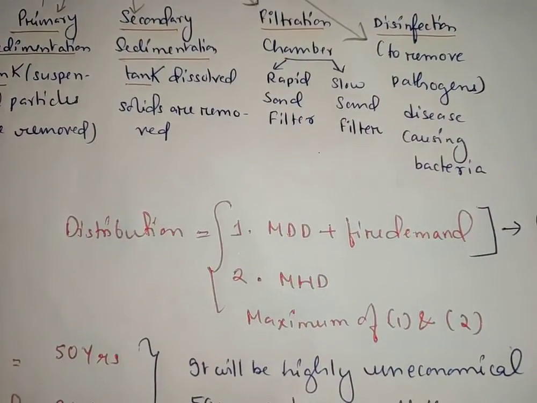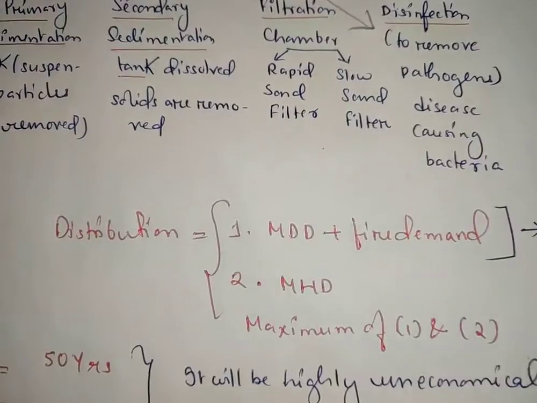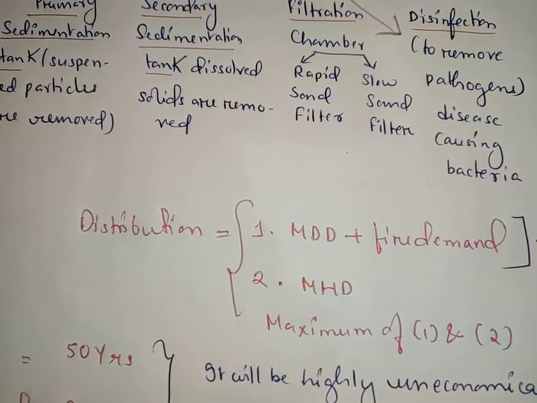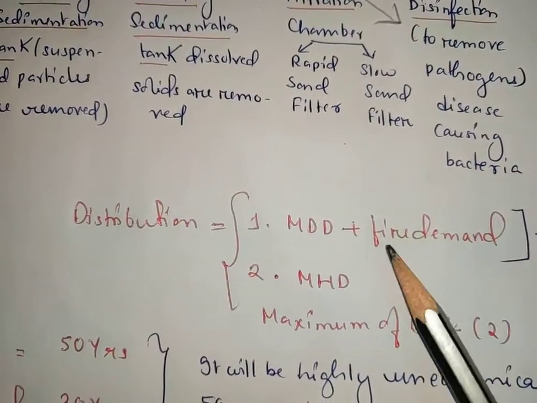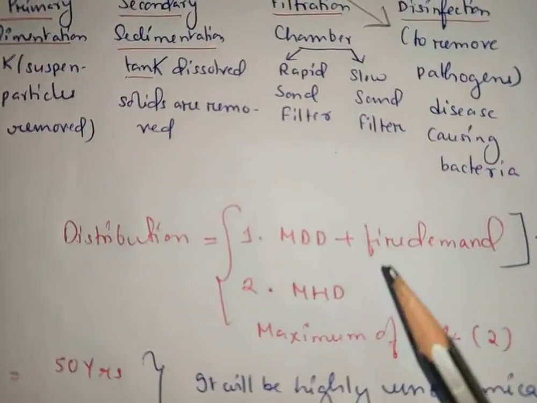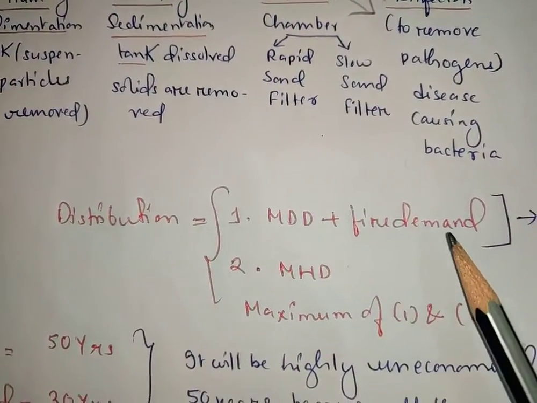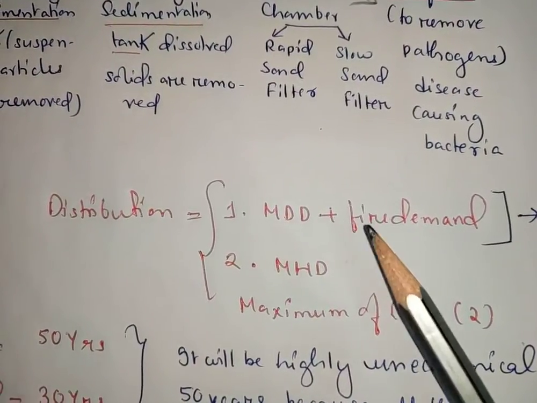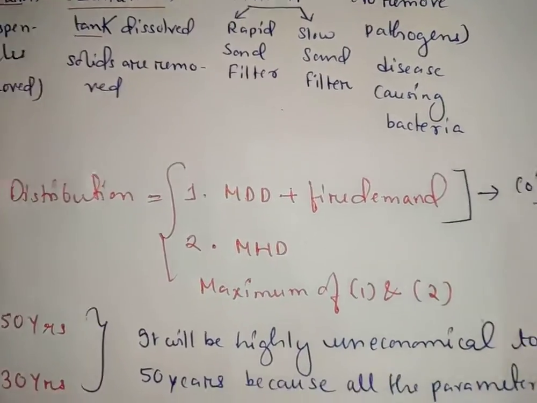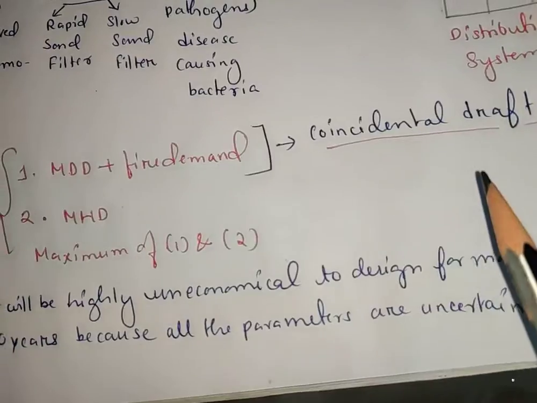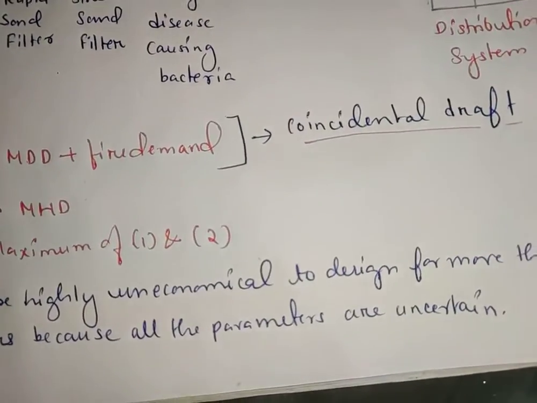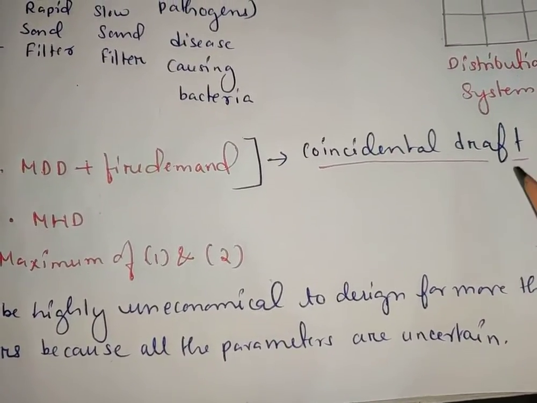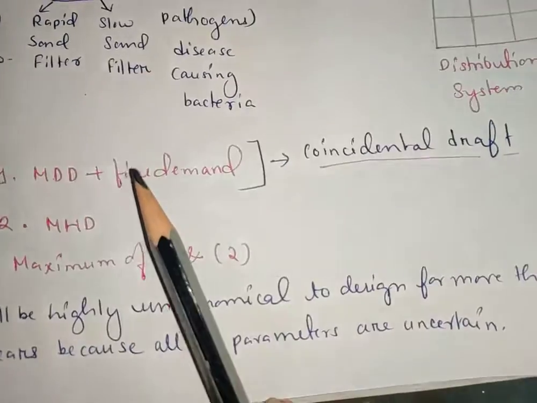Questions will be given to you to calculate the distribution, the amount of water required. Always remember, maximum daily demand plus fire demand is also known as coincidental draft. It might be asked sometime what coincidental draft is, so always remember that coincidental draft is MDD plus fire demand.